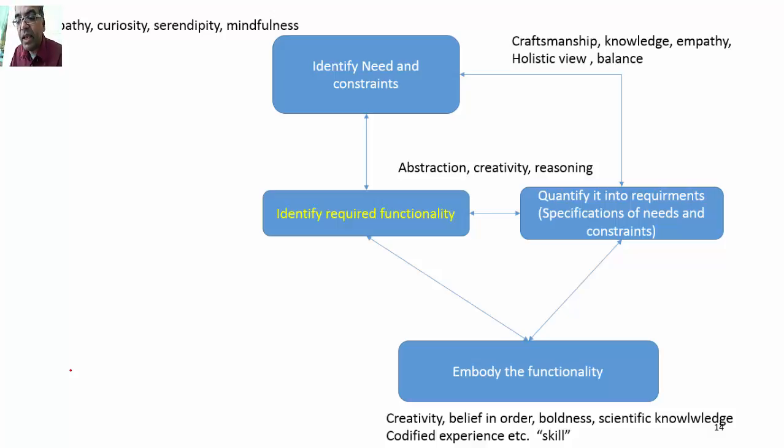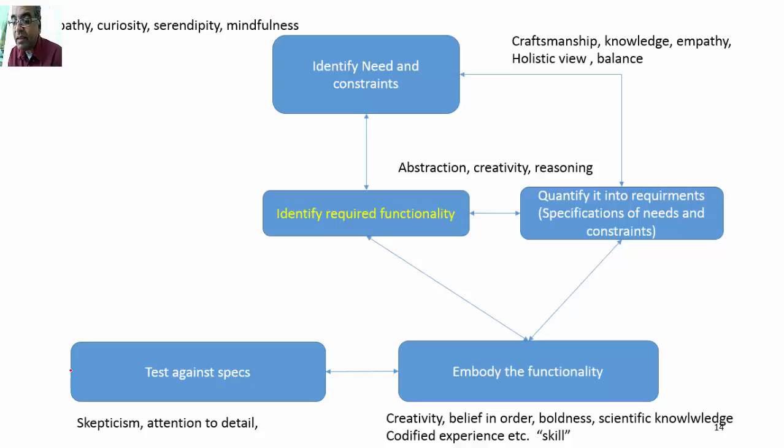And this requires creativity, belief in order, boldness, scientific knowledge, codified experience, etc. This is what is meant by skill. Okay. Then you come to the next stage, which is testing what you have embodied against specifications. So this requires skepticism and attention to detail.